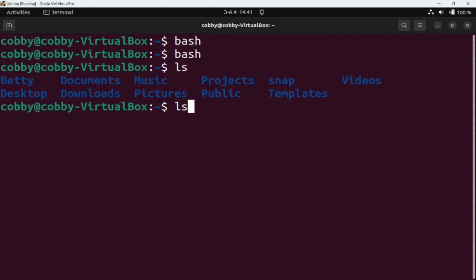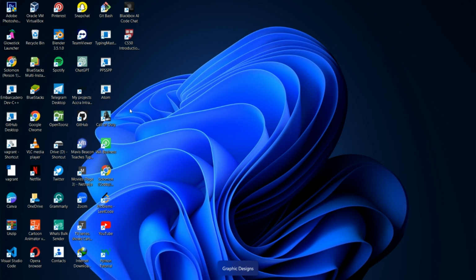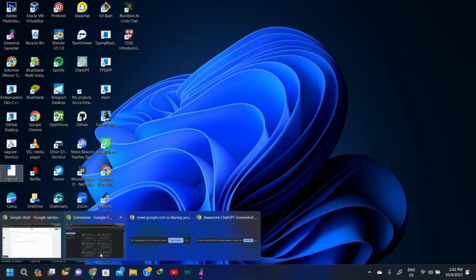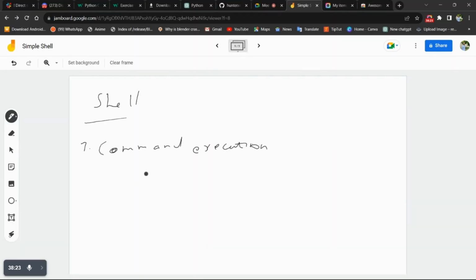So ls is a command, and the shell is responsible for executing this command. When we talk about execution, something comes into our head. What are we able to execute? We know how to execute bash files.